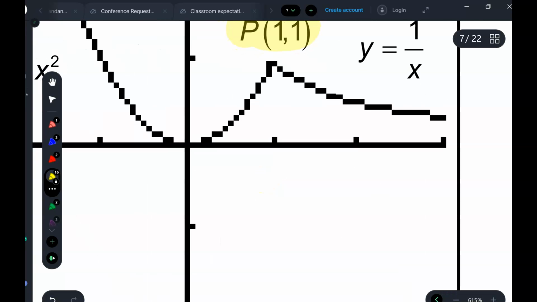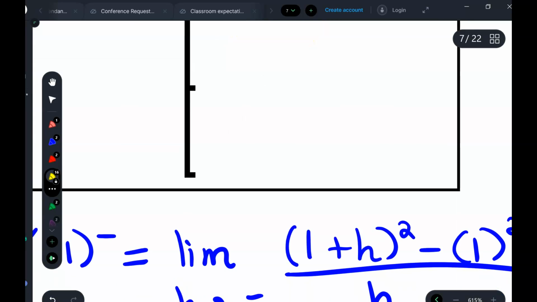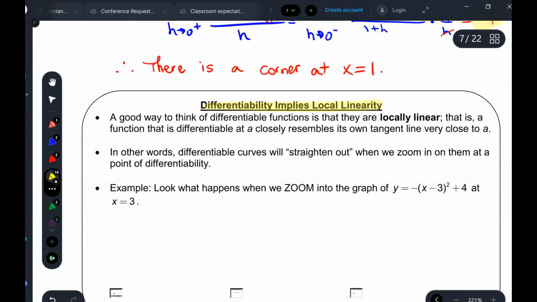If I zoom in on this part, that would be okay. I'll eventually get a straight line. So I want you to think of it as just keep zooming in, and will it have a defined slope? Not infinity slope, not negative infinity slope, but an actual number, and the same number from the left and the right. Yes, Maya.